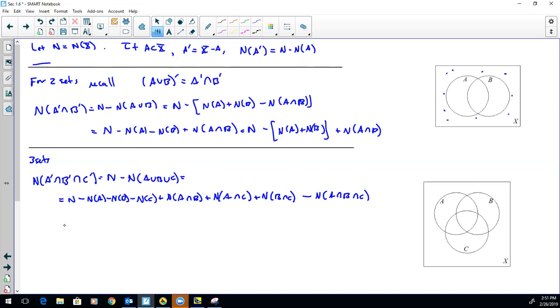Okay. So let me just rewrite this a little bit. We're going to come up with a more general formula here in a minute.